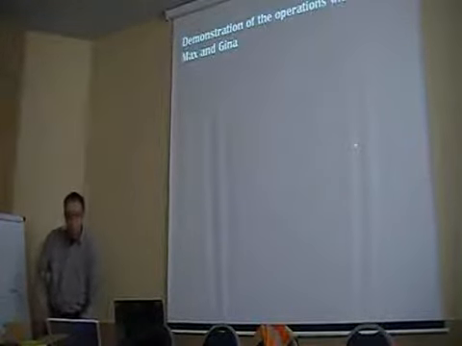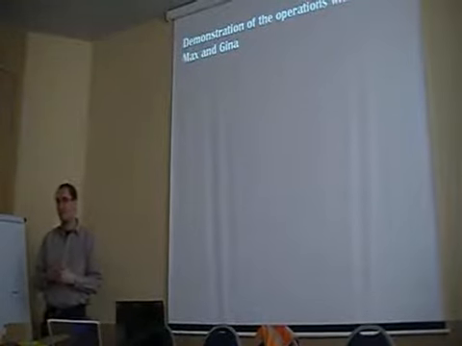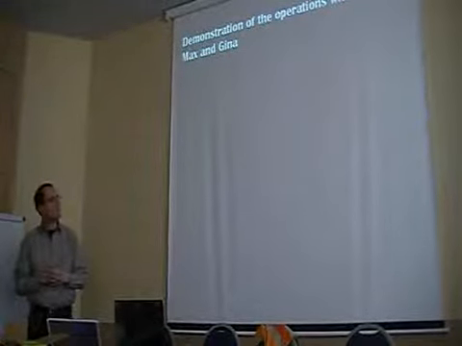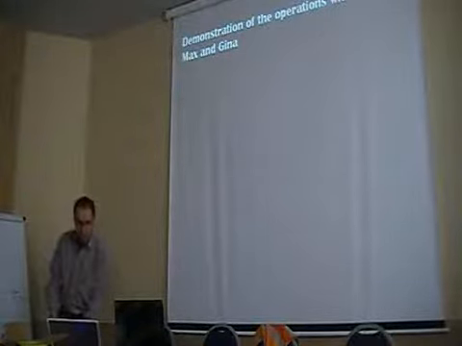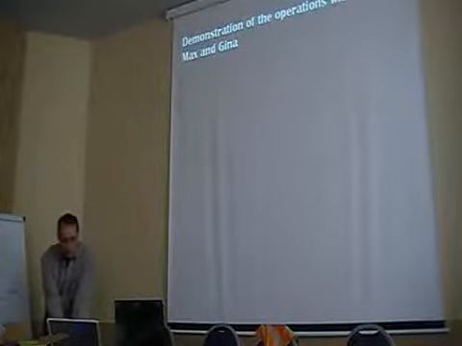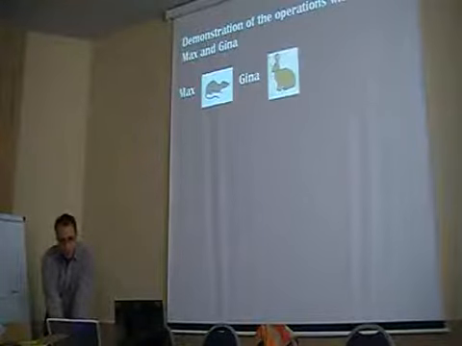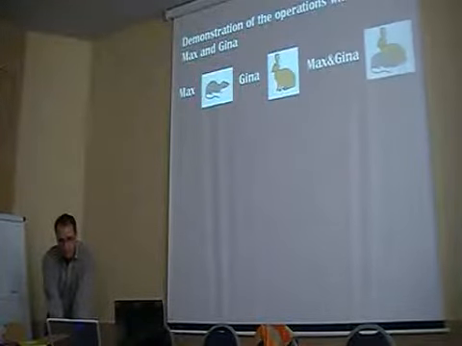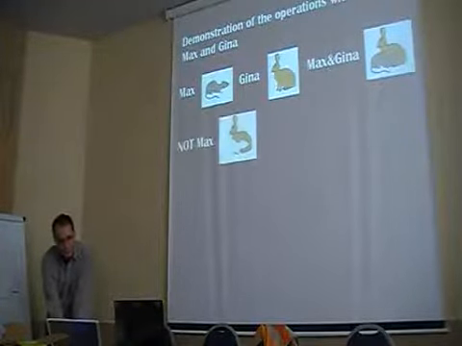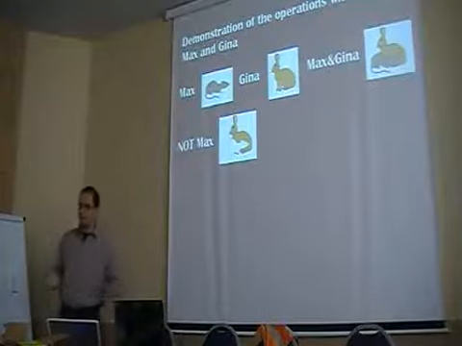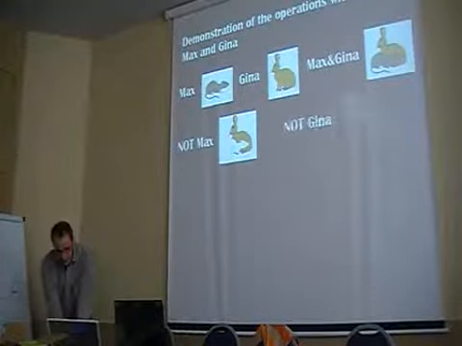Okay. I would like to demonstrate these operations with Max and Gina, like we do it with sets in math. Max is a rat and Gina is a rabbit, and here they are together. And if I want to show you not Max, this will be everything outside Max, of course.